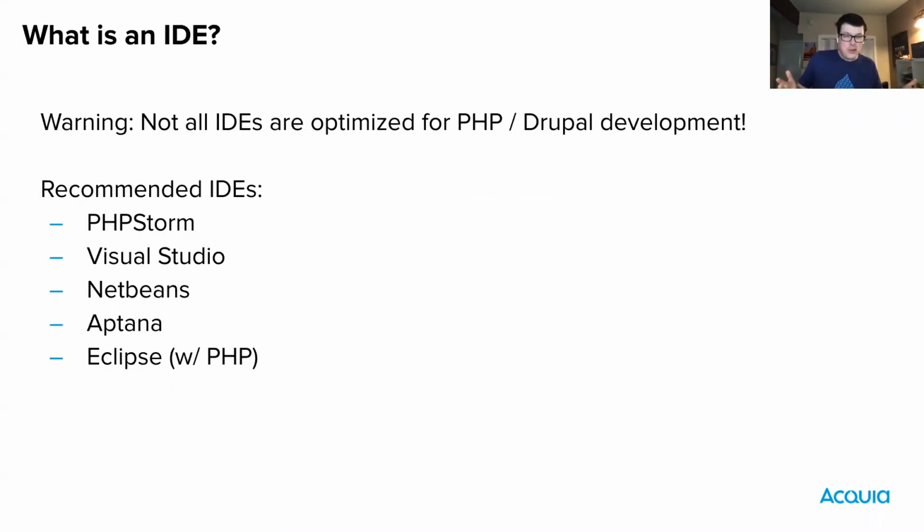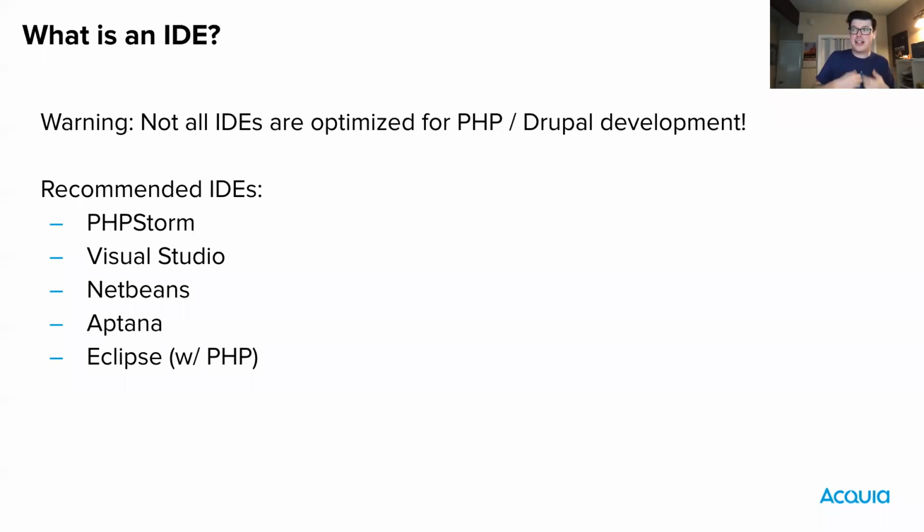I will warn you that not all IDEs are created equal. That's not to say that PHP Storm, which happens to be at the top of the list, is the best one out there. It's great, it's fine, I use it. I'm not an affiliate for JetBrains, I just use their software. But the point is, you want to make sure you use an IDE that is somewhat designed or optimized for PHP development.